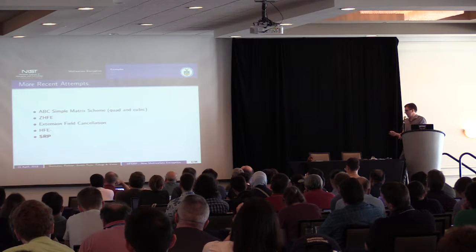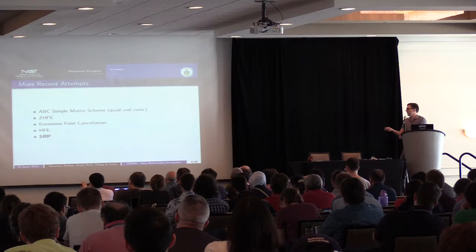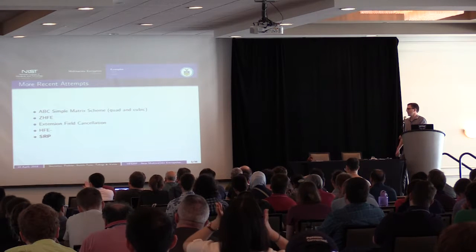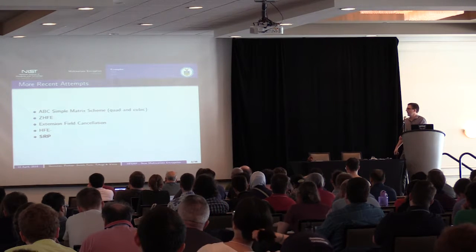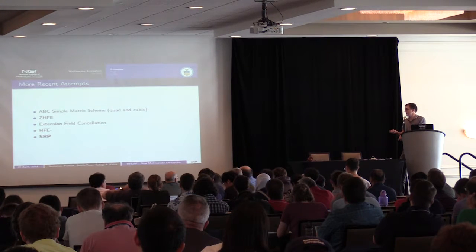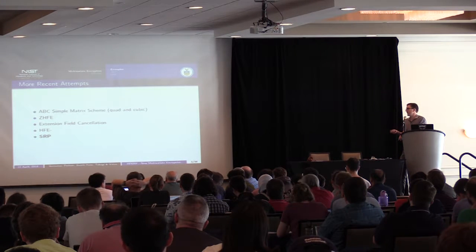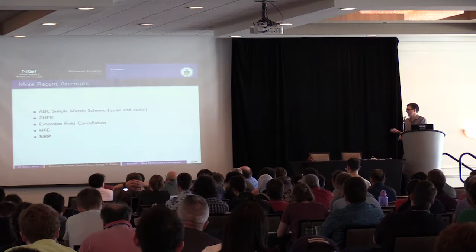Again, for the ABC simple matrix scheme, over the last few years we came up with a few different attacks on versions of it that caused the parameters to need to be changed. Surprising attacks there. ZHFE, we have a pretty strong attack that also breaks some parameters.